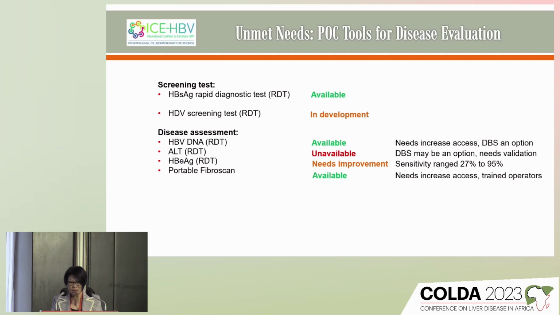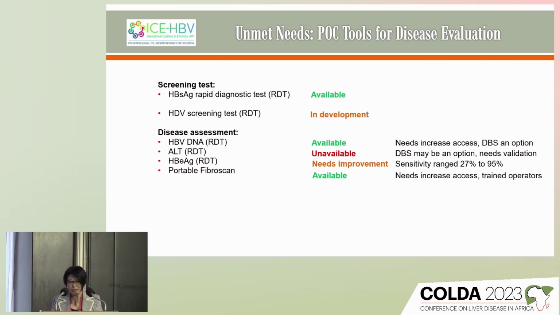Currently, we do not have rapid diagnostic tests for ALT. We do have rapid diagnostic tests for E antigen, but the sensitivity ranges from 27% to 95%, so it needs validation and improvement. Interestingly, in one of the studies among pregnant women, the E antigen rapid diagnostic test had a sensitivity of 76% among those women who had a viral load greater than 200,000.